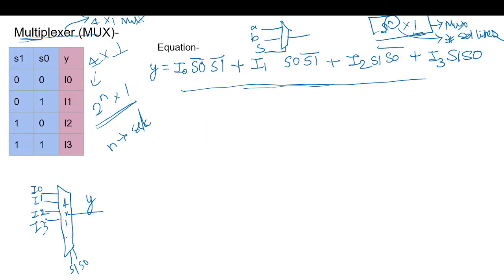Or if you get the equation, this equation you can directly write like this: assign I0 and S0 bar as a one line equation. Instead of instantiating each gate, you can directly assign this in an equation.